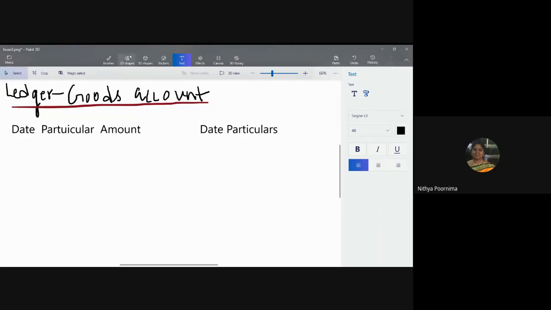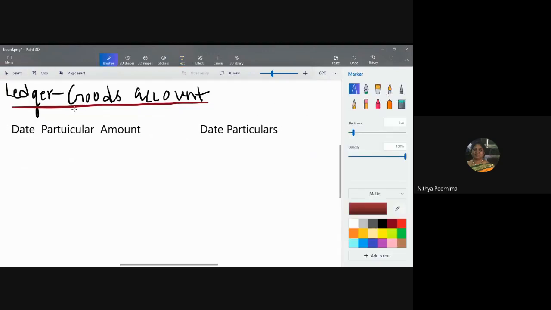So what will this be for debit side? Even if you don't write, this is for debit side, brackets DR. This will be for credit side, CR.